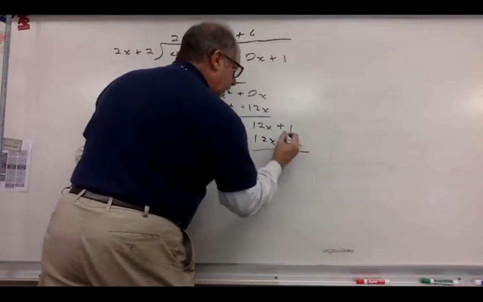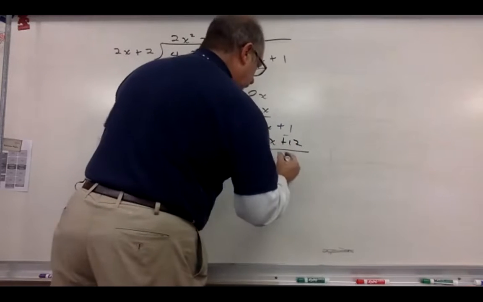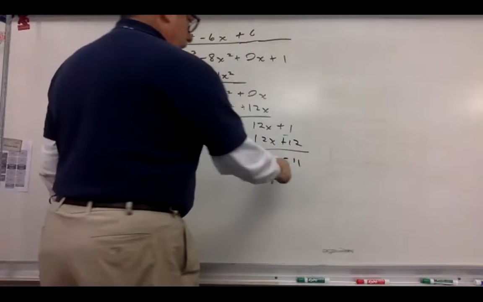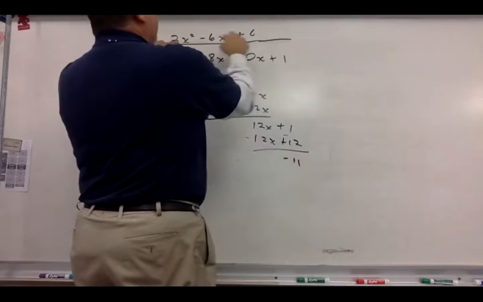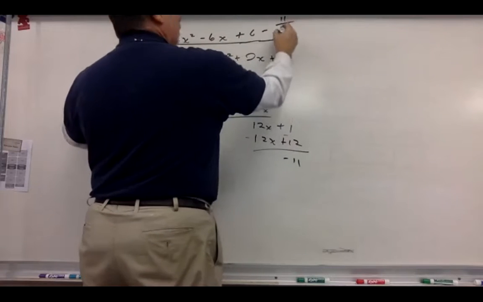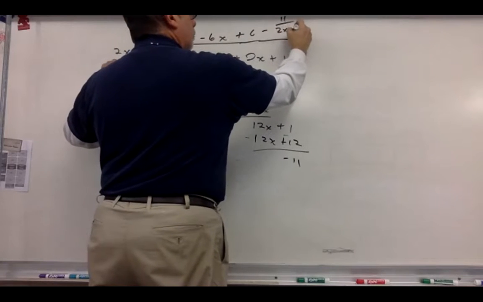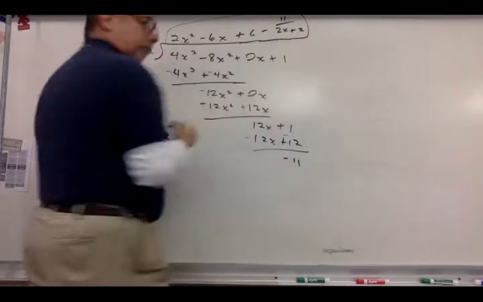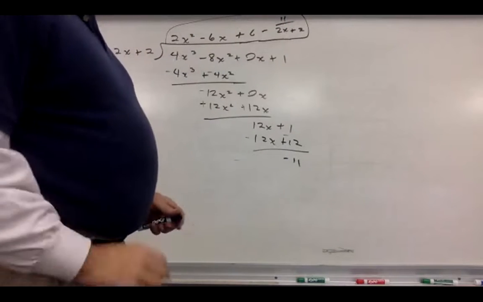Change the signs and add. And I get -11. That's my remainder. So 2x squared minus 6x plus 6 minus 11 over 2x plus 2. And there's our answer to that. Okay.